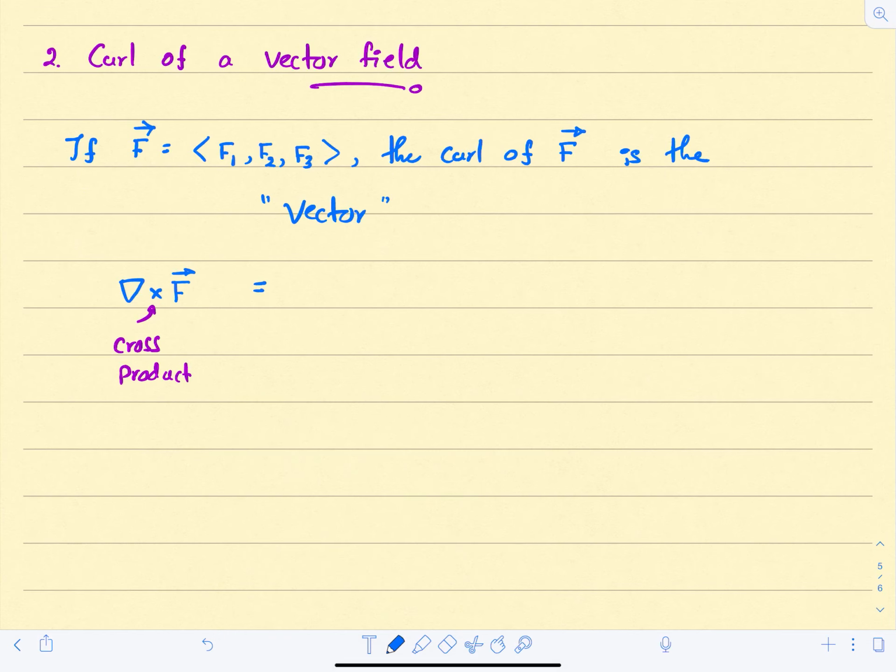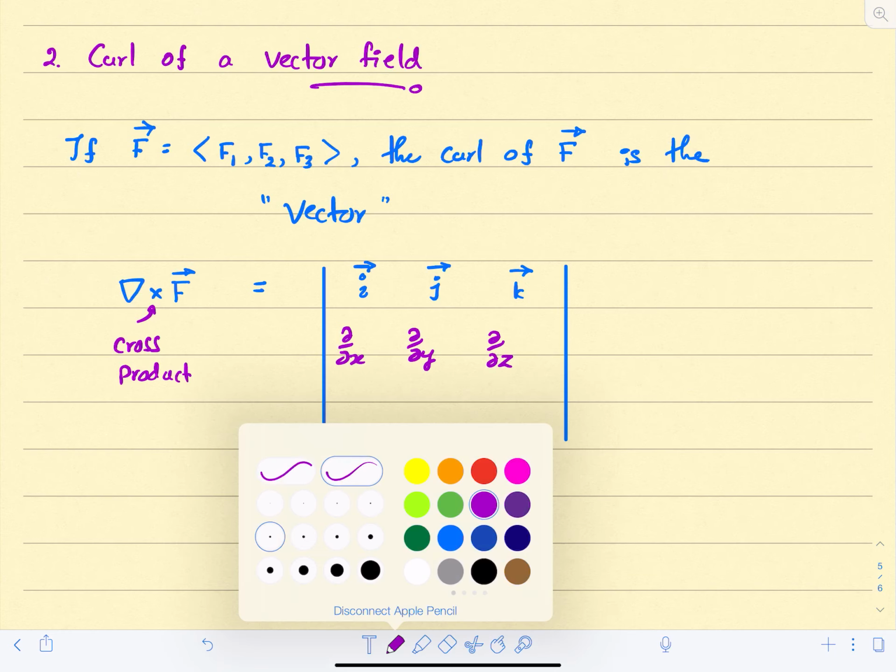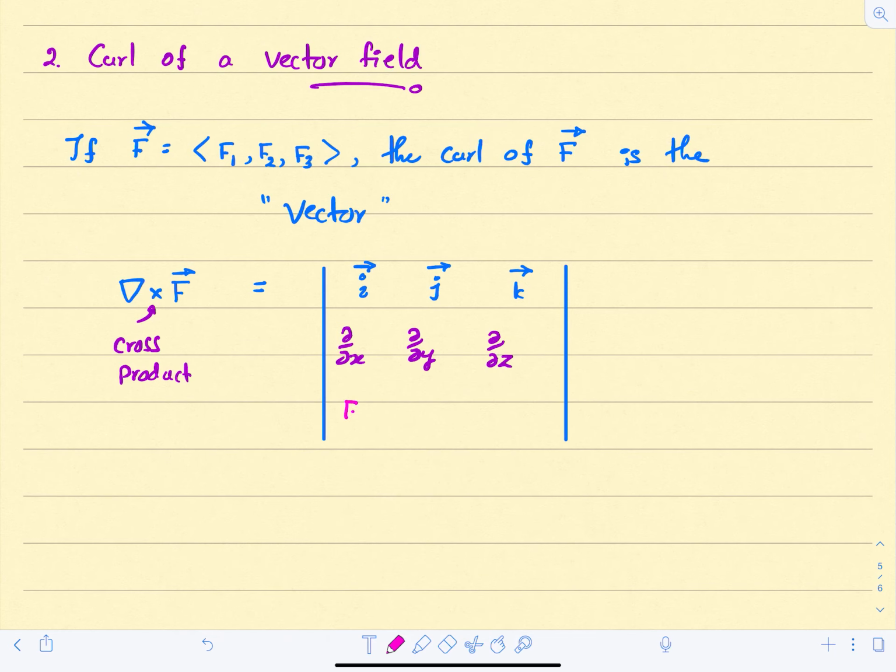Grad cross f equals the determinant. Now we are going to take the cross product of two vectors. In the first row we have i, j and k. In the second row we have the components of the gradient operator. And finally we have the components of the vector field f1, f2 and f3.